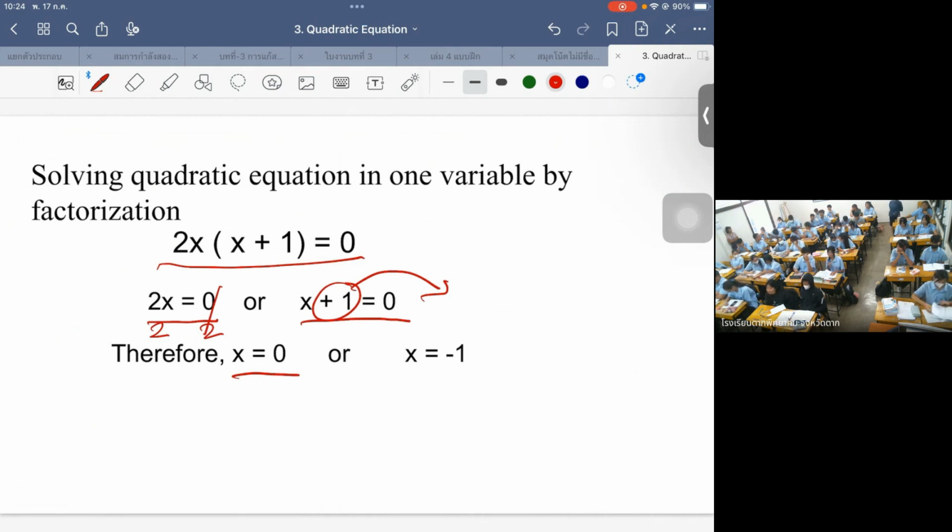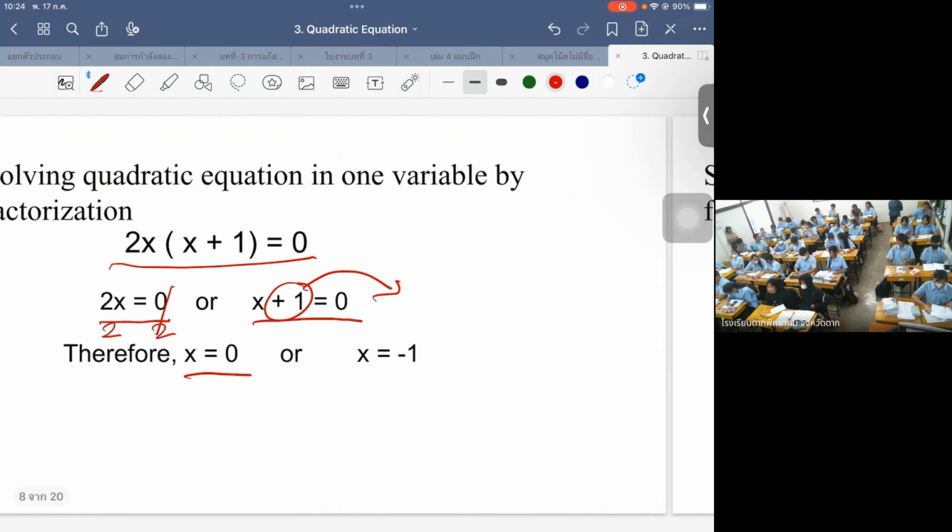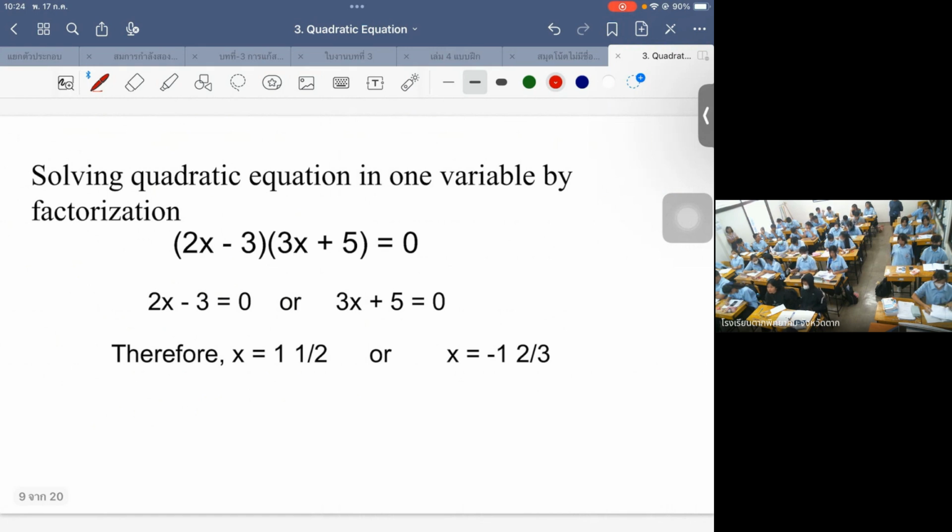Now, the next example is this one. How about 2 factors again? So 2x minus 3 and 3x plus 5. So this is already a quadratic equation. So again, separate the factors because we use factorization, right? Separate again. So we have 2x minus 3 and then 3x plus 5 is equal to 0.